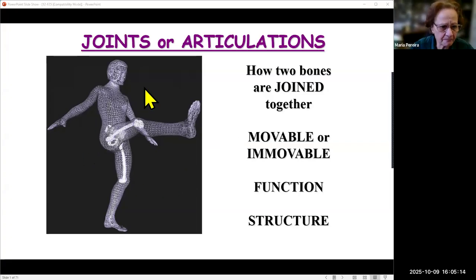Okay, and the articulations are quite complex structures and they give us the ability to move around and to move the bones. And one particular important aspect is that this movement of bones can be very painful if they're not protected, if they don't have a cushion.